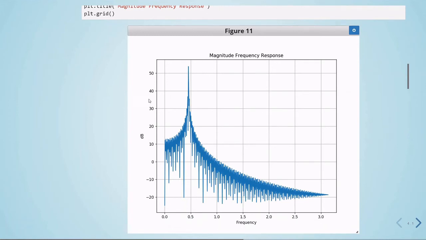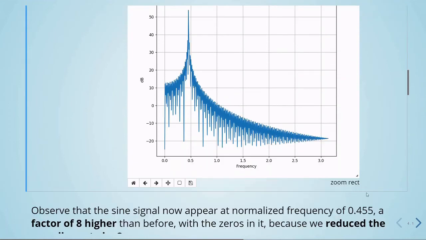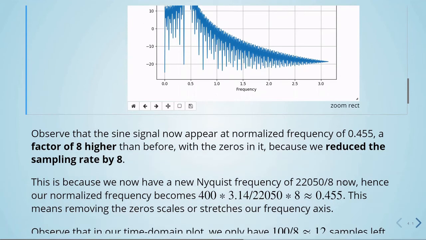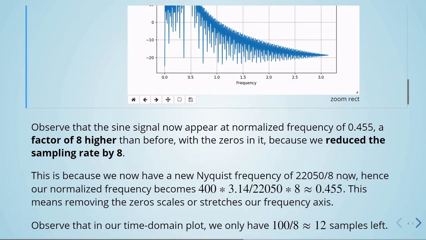There's the magnitude in dB and the normalized frequency, and we see here that now the signal appears at a normalized frequency of 0.455, and this is a factor of 8 higher than before when we had the zeros in it, because now we reduced the sampling rate by 8.